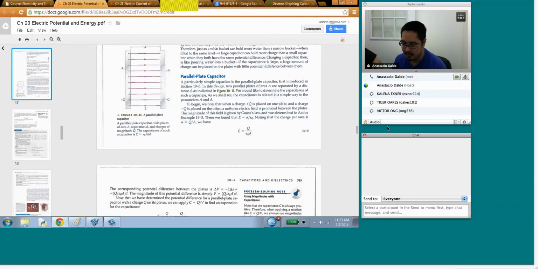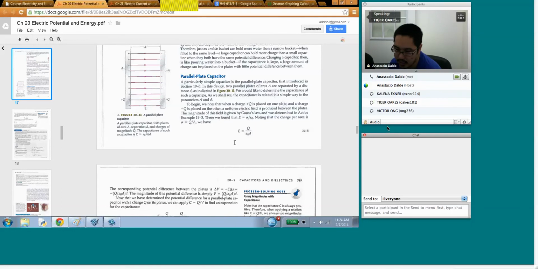Okay. So here's a new equation that I have to introduce to you, and it's not really that bad. What is the electric field between this capacitor? If I have two parallel plates, what is the electric field?